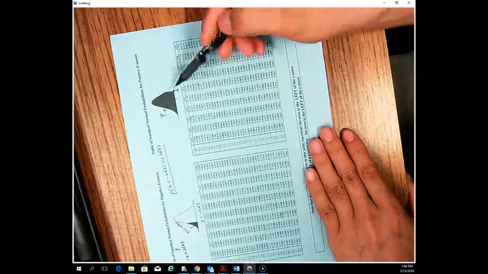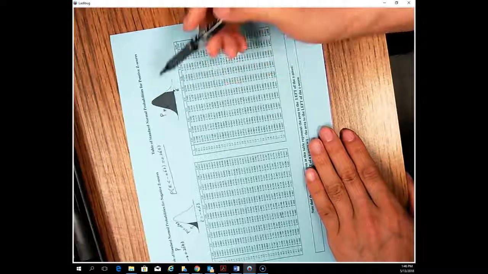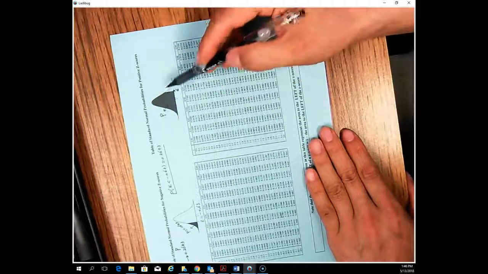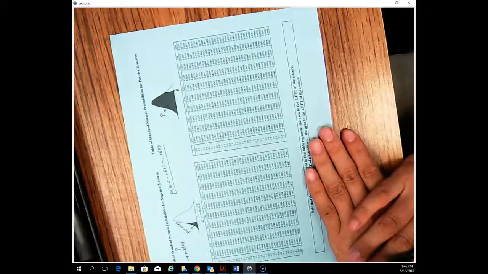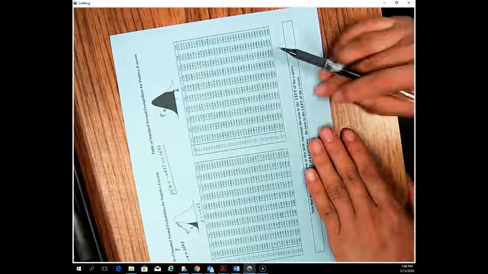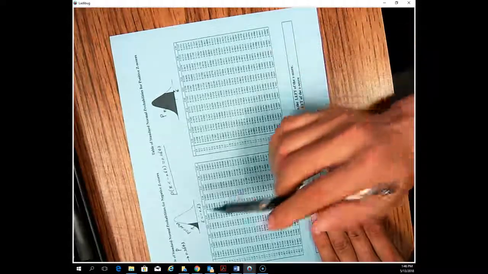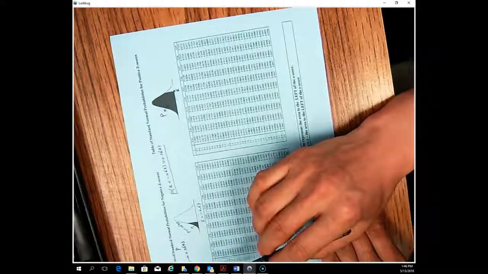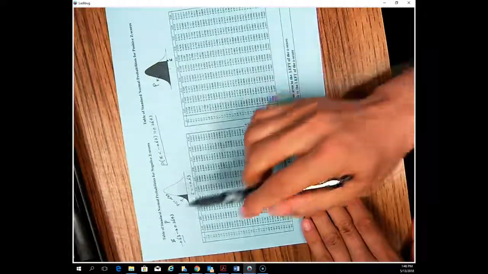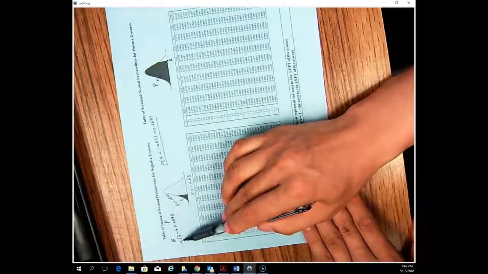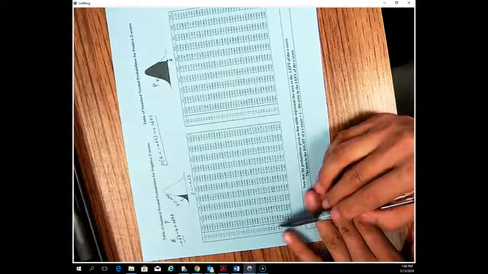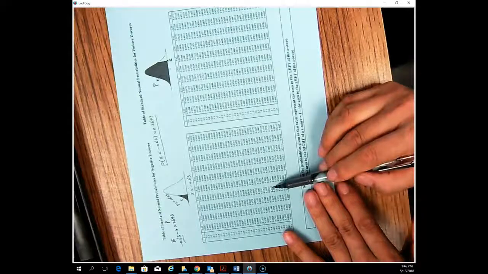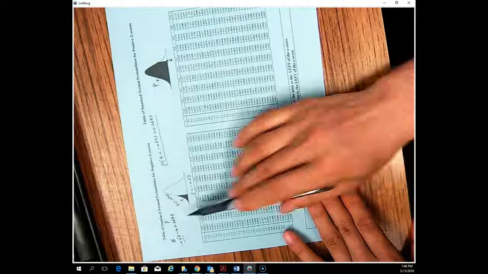For any z-score paired with a probability, the probability indicates the area to the left of the z-score. For example, as a demonstration, say we have a z-score of negative 0.63. When you look it up in the z-table, the probability paired with it is 0.2643.